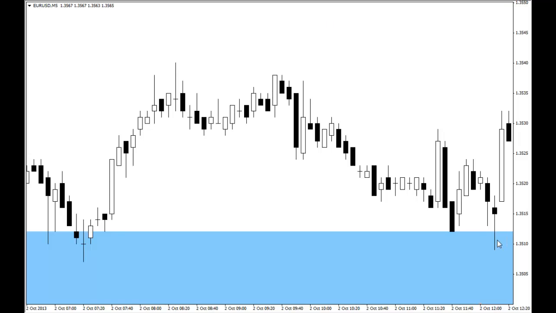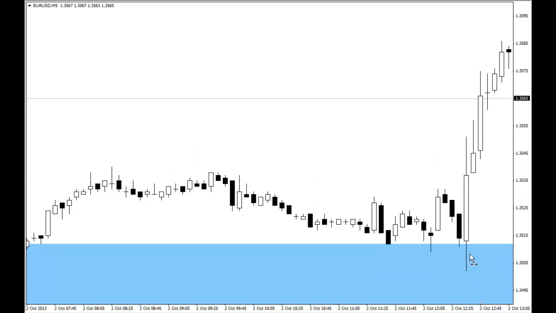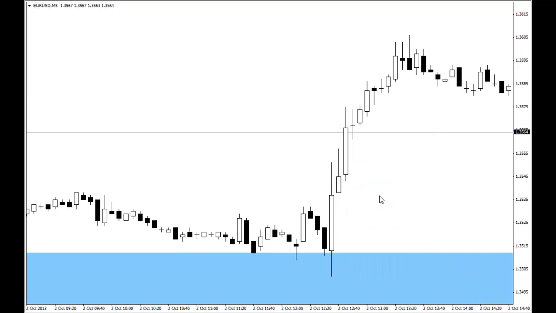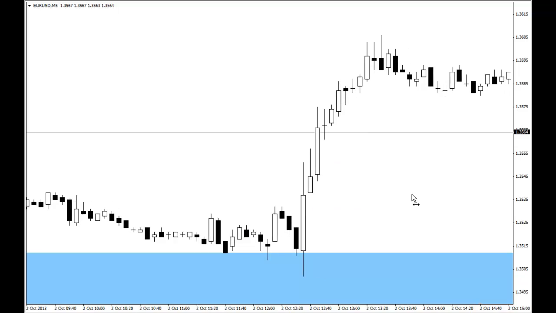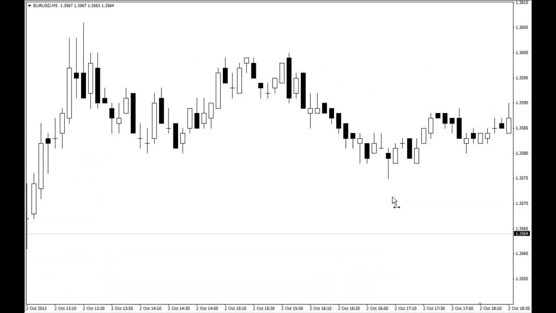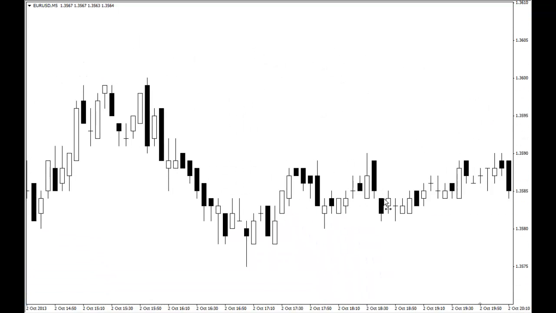Voila, there we go. So price drops down into it here, right there, and you get that explosive rally up. Do you think institutions were behind that move? Or do you think it was Joe Public? Clearly, institutions. Okay, and then obviously you can see how price rolled on higher.